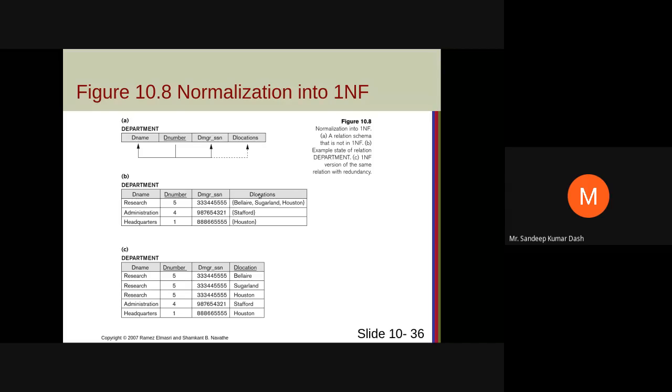This may be the case because D locations is a multi-valued attribute. Research department is present in three locations, here, here, and here. Of course this has to be stored, but you cannot store it like this. The Codd rules that were proposed in 1972 do not allow this. So this design is not as per the standard.